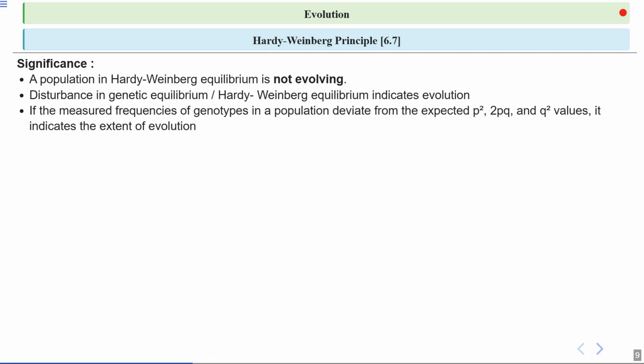We can also say that if the measured genotypic frequency in a population deviates from the expected genotypic frequencies, it indicates the extent of the evolution. The difference between the measured genotypic frequency and the expected genotypic frequencies indicates the extent of the evolution. And if there is a deviation, it means that the population is evolving.